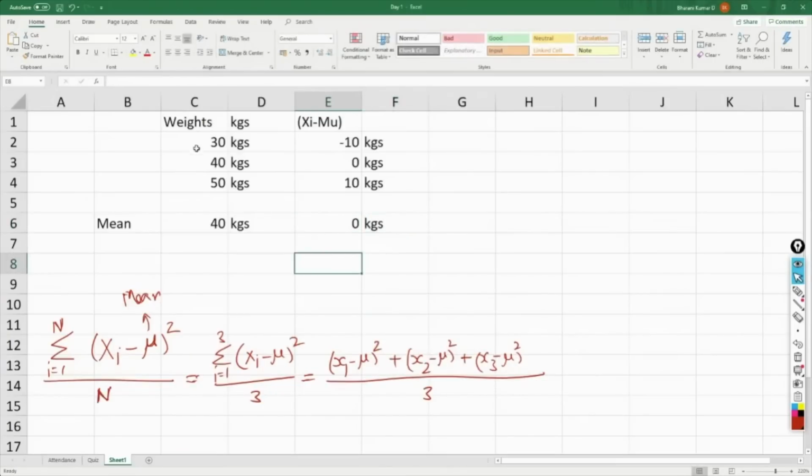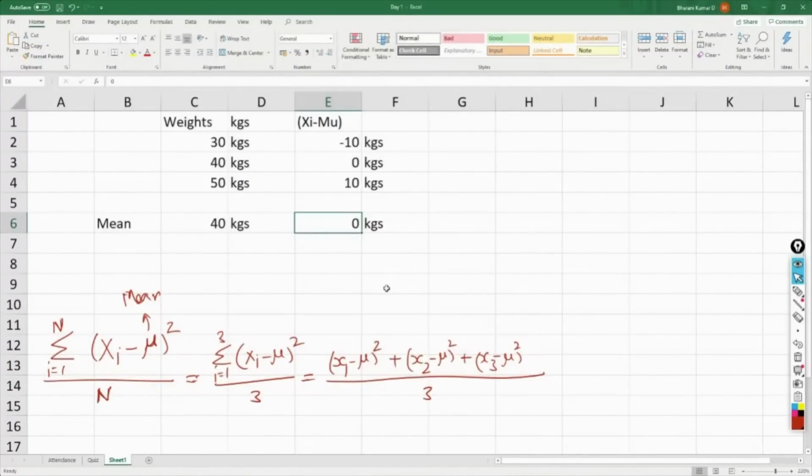Does that mean there is no variation? Oh no, there is clear variation. 30, 40, 50, there is very clear variation in the data. Then why is it 0? So statisticians thought that there is something going wrong here in a big way. We need to fix this.